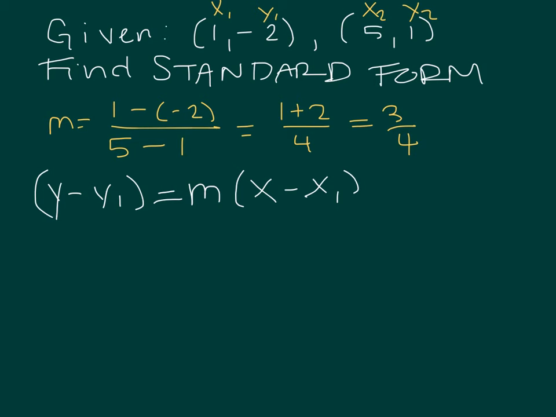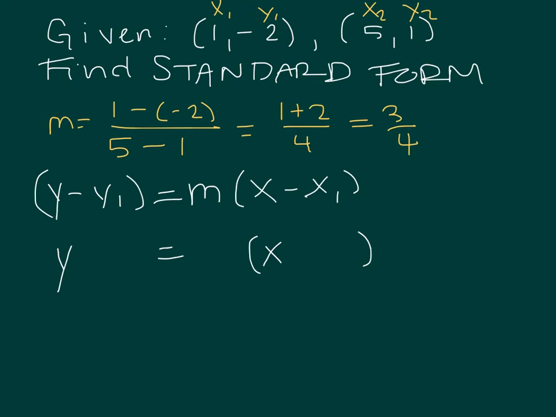So just rearranging that slope formula. Now I'm going to plug in what I know. I'm going to leave the y that's not labeled with a subnumber as just y. Same with the x here.